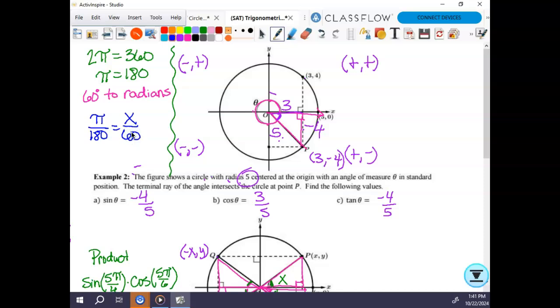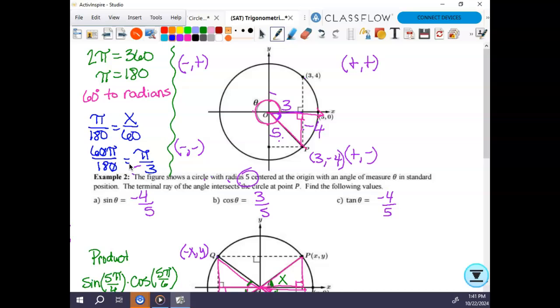Simple proportion, right? Then I can cross multiply, 60 times pi, and divide by 180. You have a calculator, but you want to be careful because they probably want an exact answer. So I can knock out those zeros. 6 over 18 is pi thirds, okay?